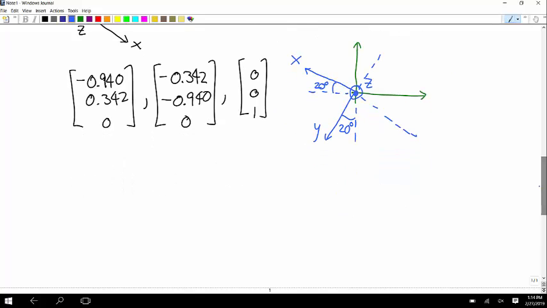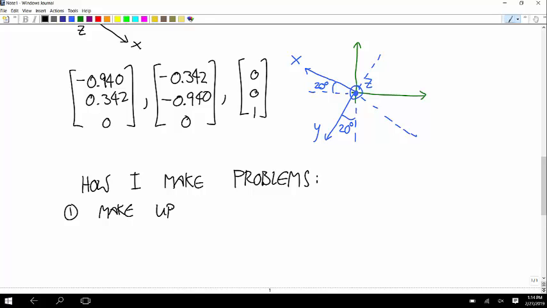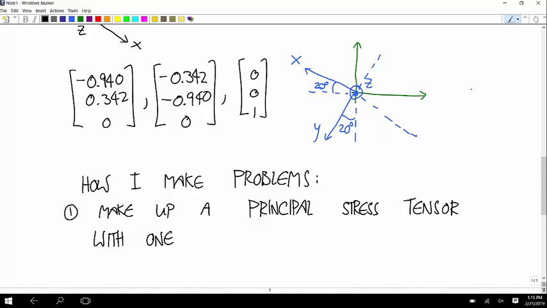Because I start with, okay, here's how I make problems. So first, I make up a principal stress tensor with one diagonal value equal to 0.